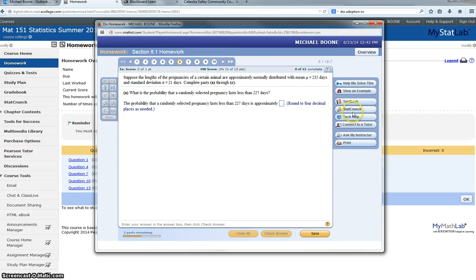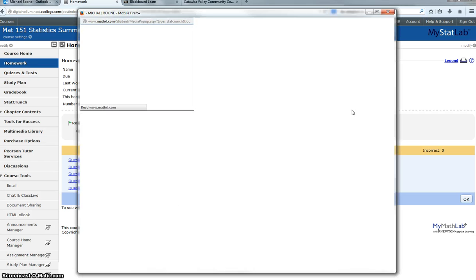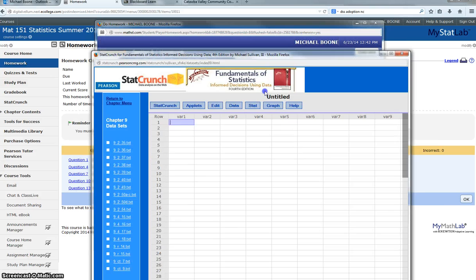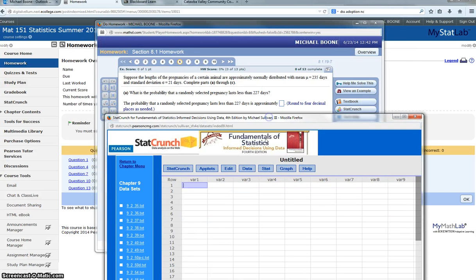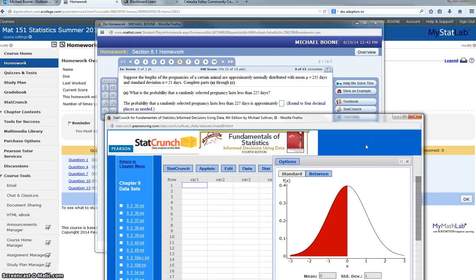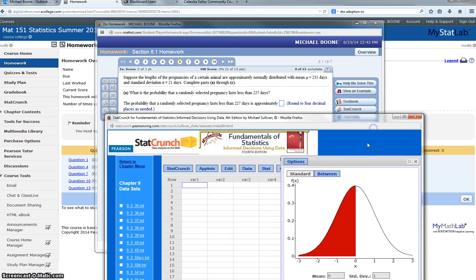So this is the stuff that we were doing in chapter 7 with our normal distribution. So exact same question as before. We're going to go to stat, calculator, normal. Up comes this awesome thing. So we got a mean of 235, a standard deviation of 21.